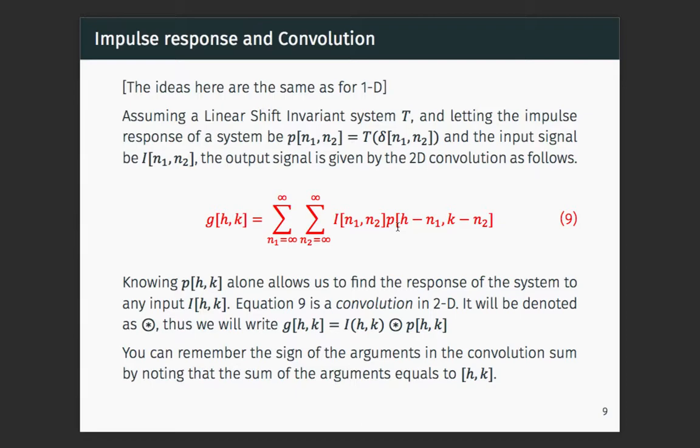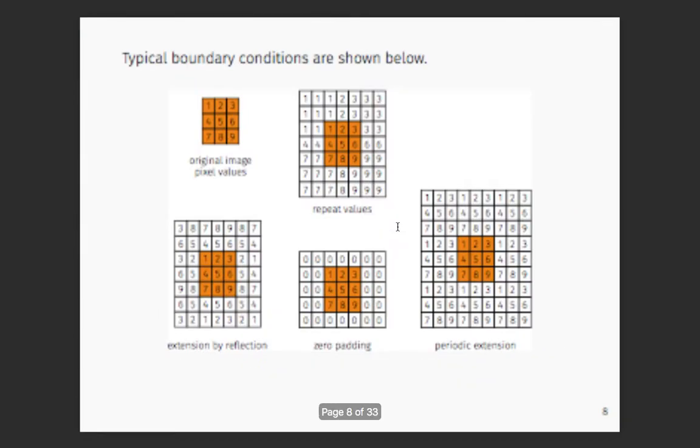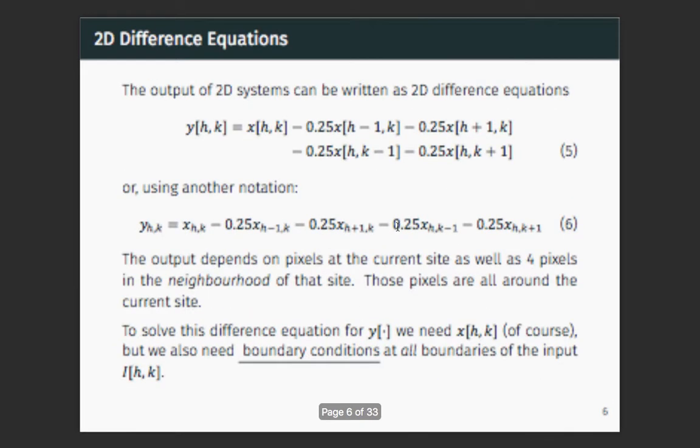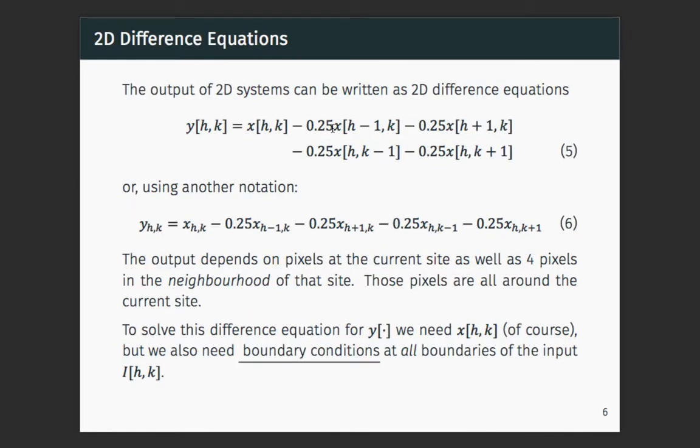Going back to this one, your P's, your weights, are this one. So minus 0.25 is the link you have between hk and h minus 1k. That's the weight defined between this coordinate and the coordinate on the left.